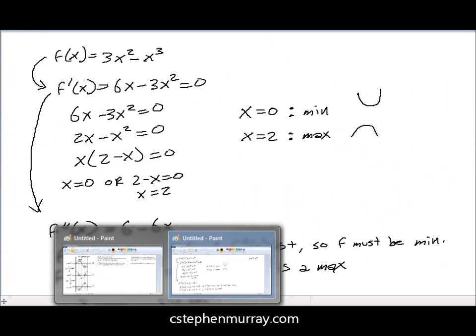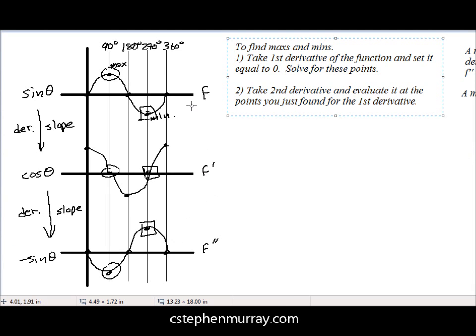Once again, to recap: cosine is the derivative of sine, and negative sine is the derivative of cosine. You'll notice that a maximum for the parent function is where the first derivative equals 0 and the second derivative is negative. A minimum is where the first derivative is 0 and the second derivative is positive.